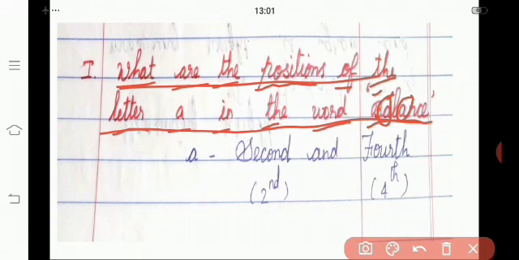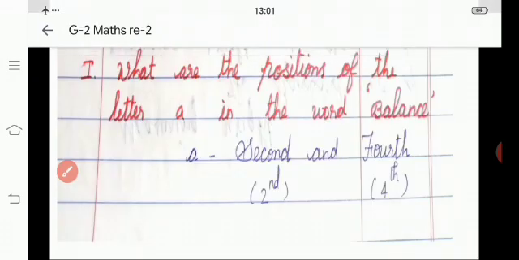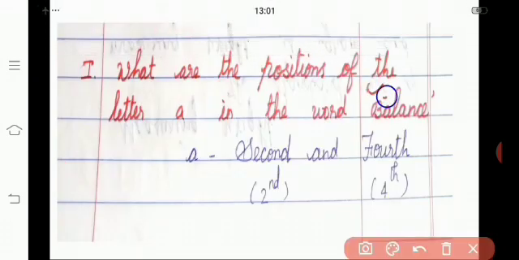If you are moving left to right, the letter A is in the positions first, second, third, fourth. See, children, first, second, third, fourth. So second and fourth.